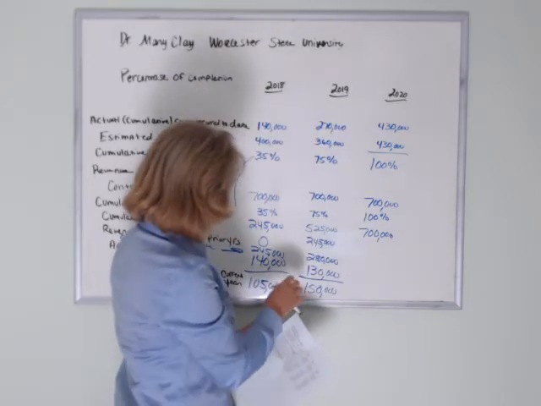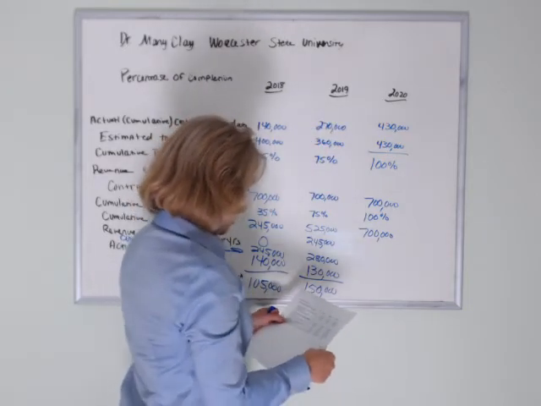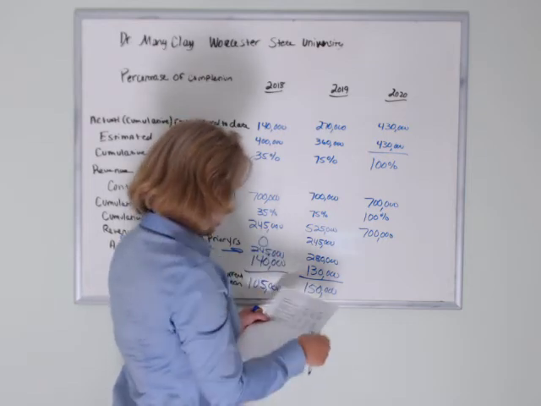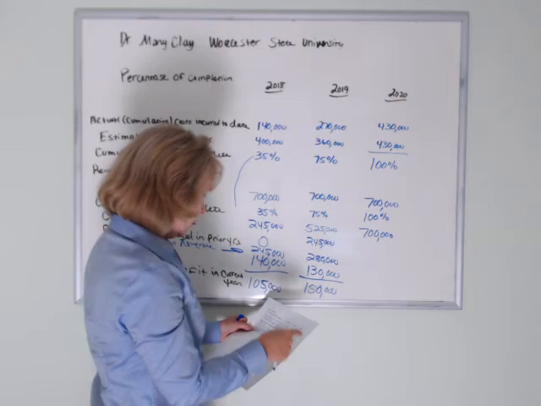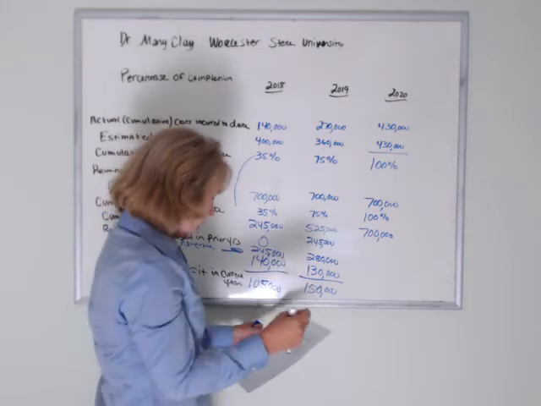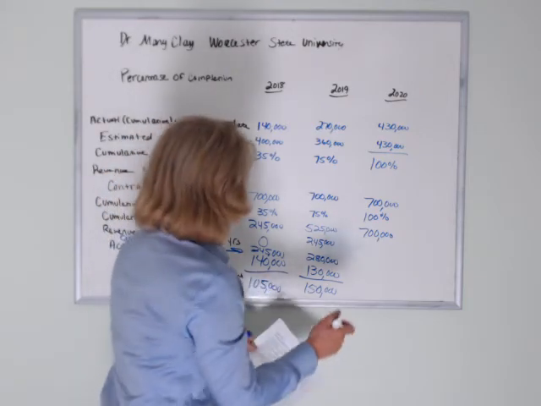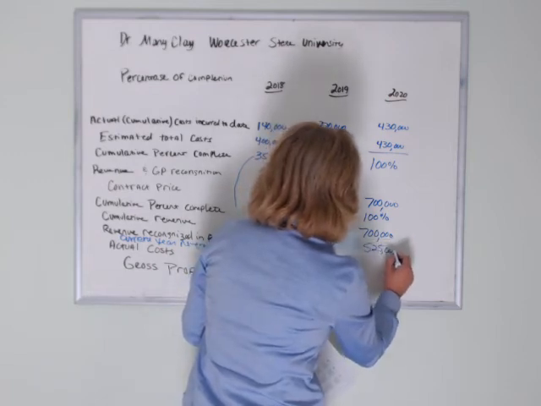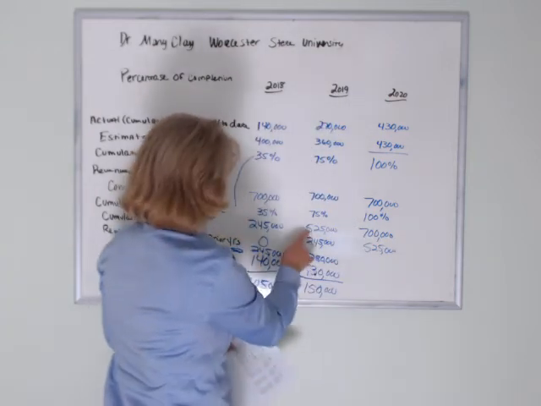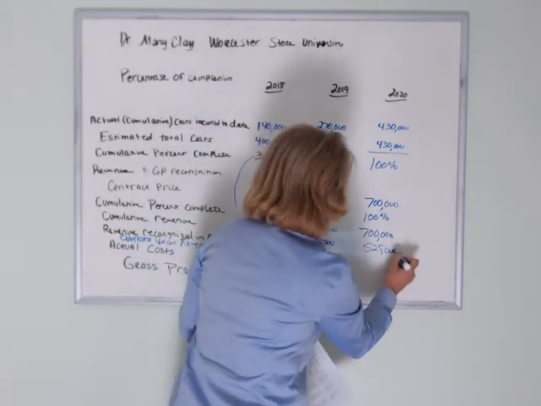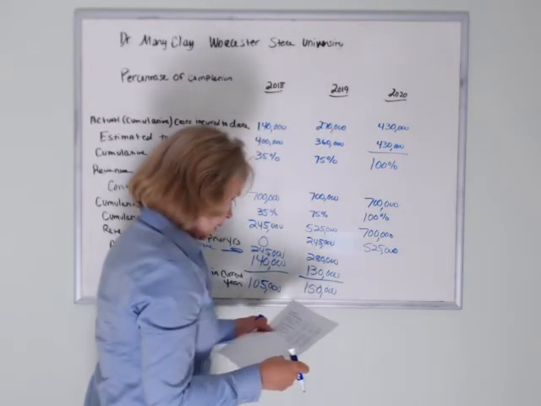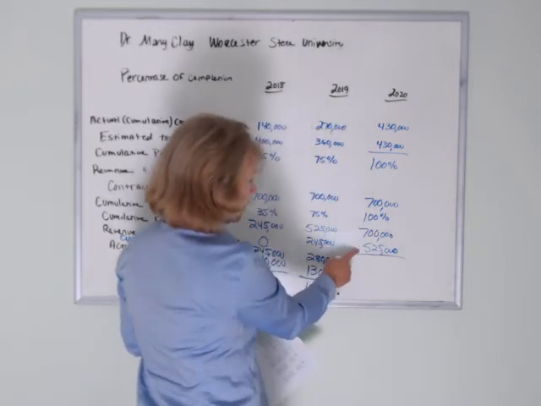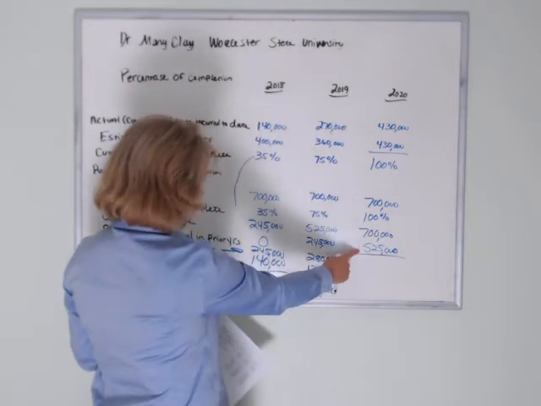However, you've already recognized the 245 and the 280. 245 plus 280 gives me 525,000. Or you could have just used your cumulative revenue. You're going to subtract that: 700,000 minus the 525 that you've already recognized.